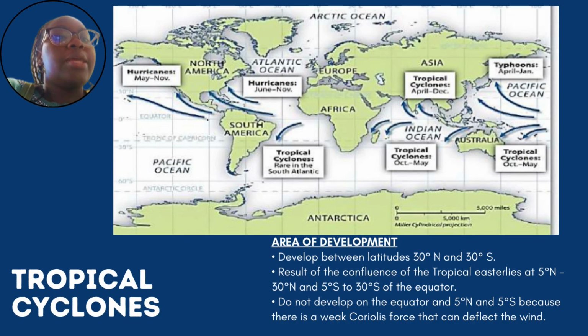And then they do not usually develop on the equator, but are usually found 5 degrees north and 5 degrees south because of the weak Coriolis force that deflects the wind. So remember in the earlier videos we talked about these different forces and wind systems, right? So the Coriolis force sort of makes it push 5 degrees upwards, right? And you can see in that map the time regions that it usually occurs within different parts of the world as well, and the different names that they are called.